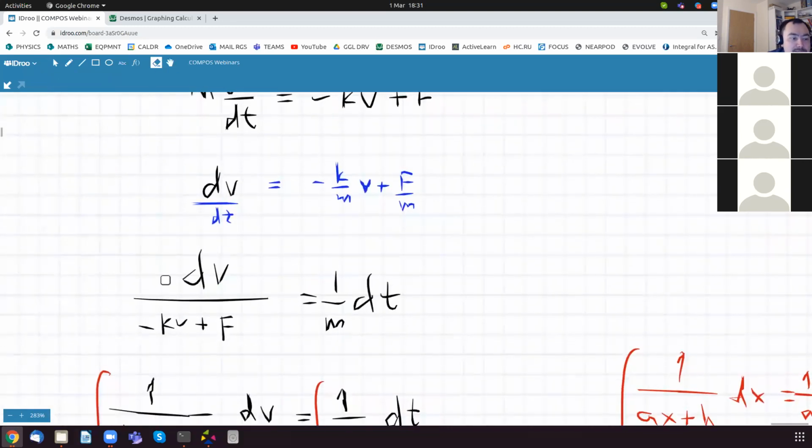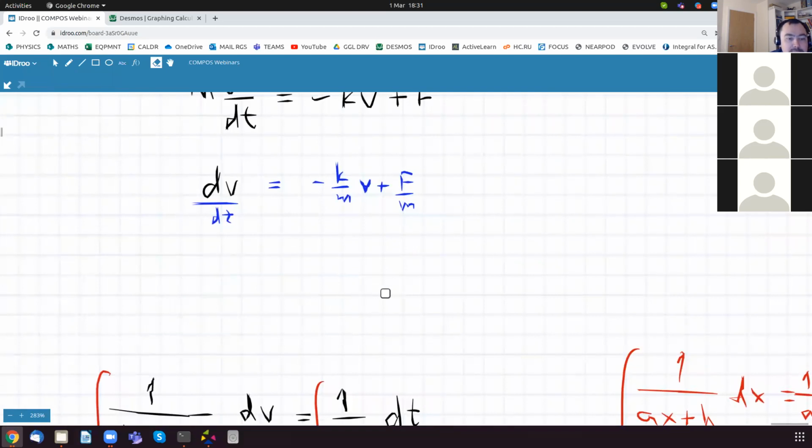Then I will take minus k over m out of the brackets. So dv dt is equal to minus k over m, v minus f over k. Yeah, so if we expand, we get the same thing.